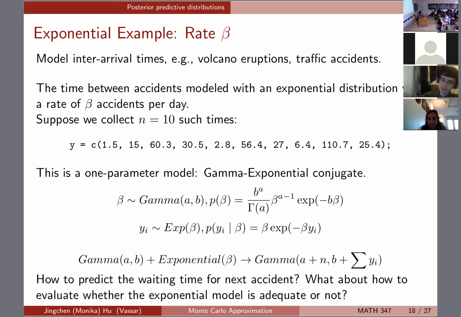First, prediction: how to predict the next event. Maybe I shouldn't say waiting time; it's the time lapse for the next event. The second one: if I can generate a lot of new data from the posterior distribution and compare that to the data set that I have, then maybe that can help me evaluate whether my data model, the exponential, is a good one or not.